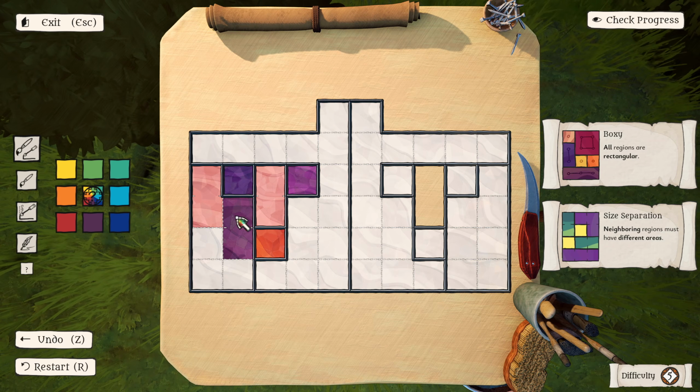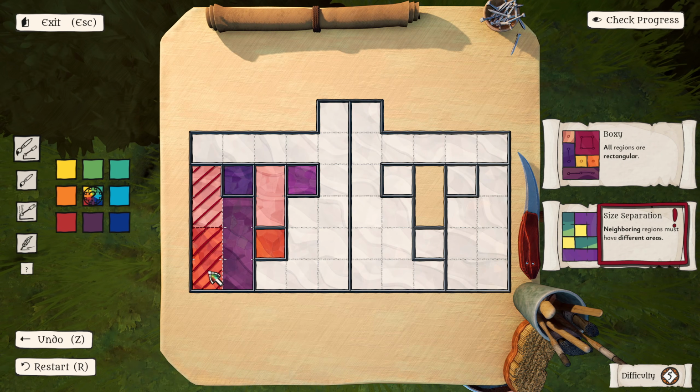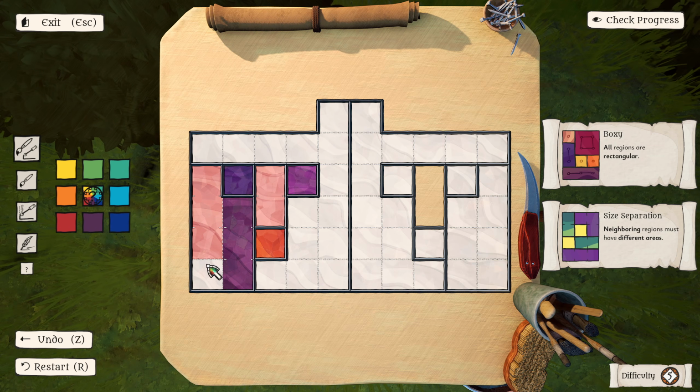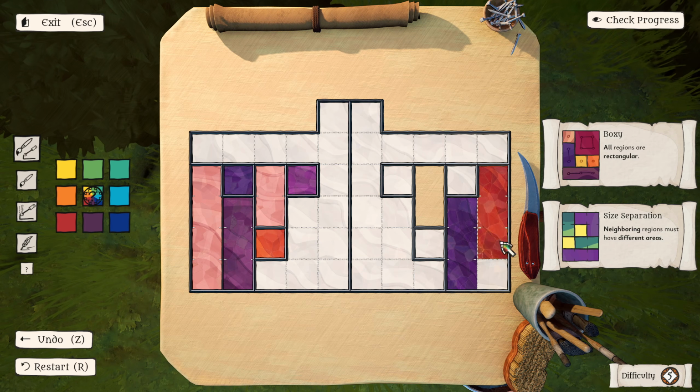You cannot be a 2. You can't be a 2 and a 2. You can't be a 3 and a 1. It's the only way you can do these. And I've done it like 4 times now. I just keep going over these rules. Must be boxy. Neighboring regions must have different areas.